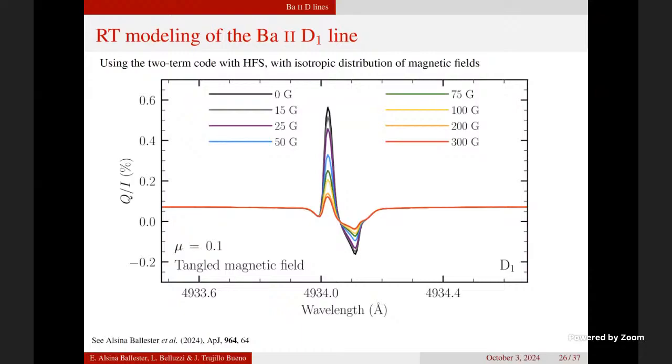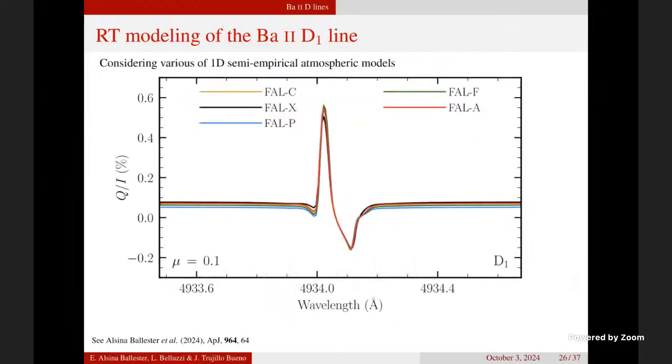Now, another interesting thing was that we considered calculations using various atmospheric models. These were simplified 1D semi-empirical models, but they give us information of what would be expected in different regions of the sun. And we find that the differences between these patterns are very small.